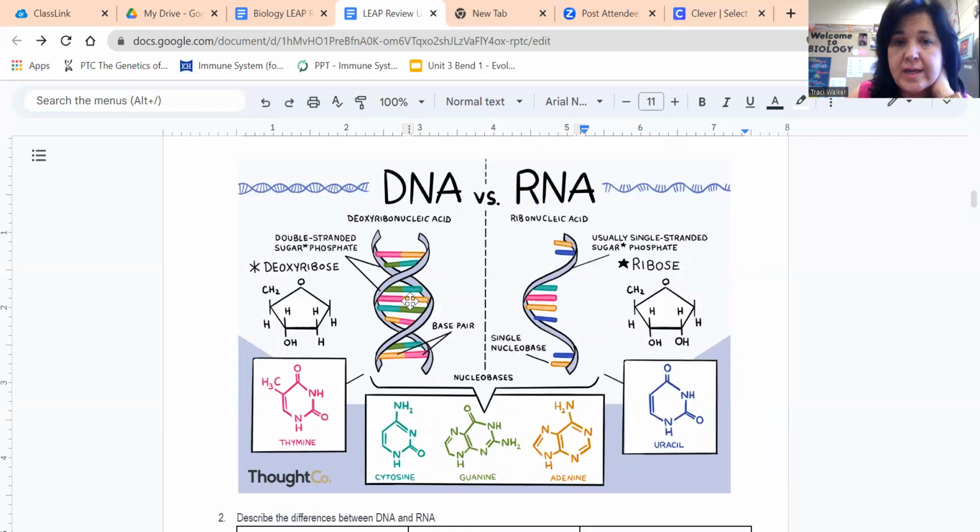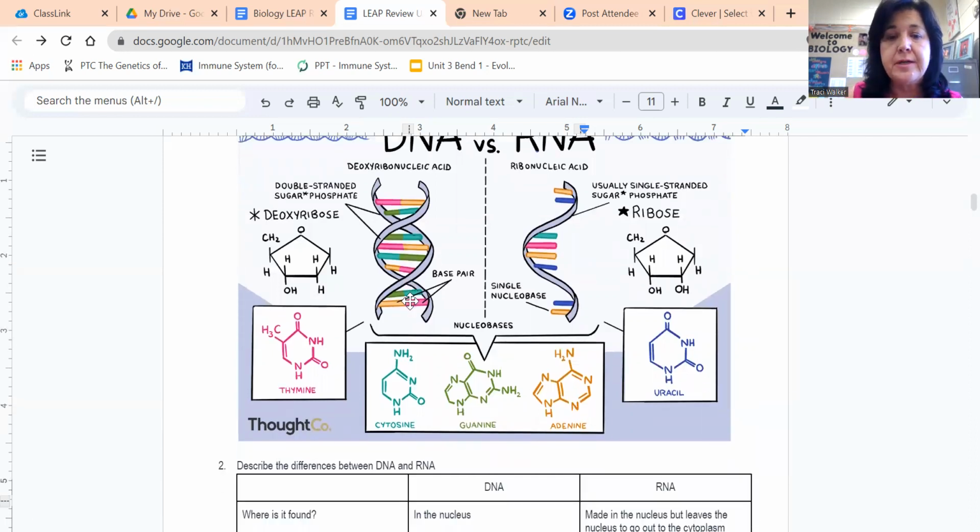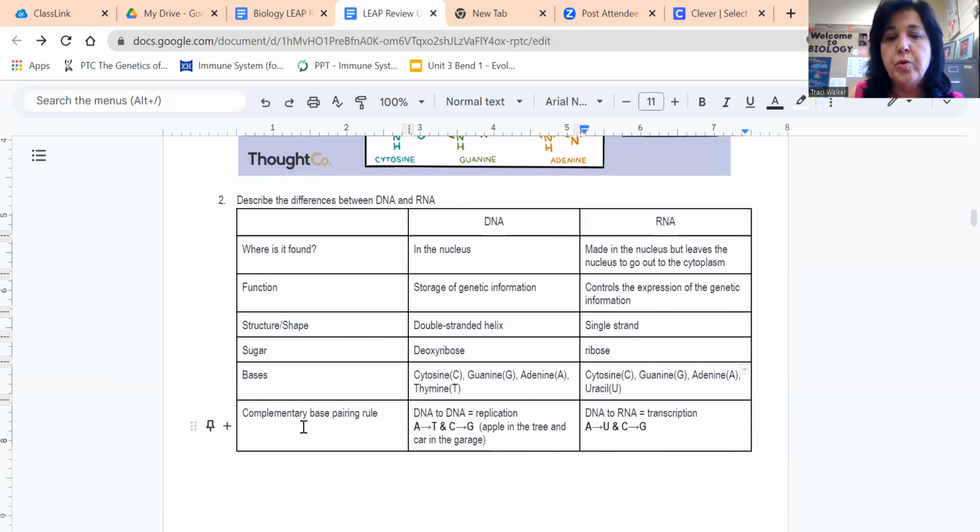And so they always pair up the same way. It's called a complementary base pairing rule. So when DNA is making a copy of itself, it always follows the complementary base pairing rule for replication. And so DNA making a copy of itself is called replication.